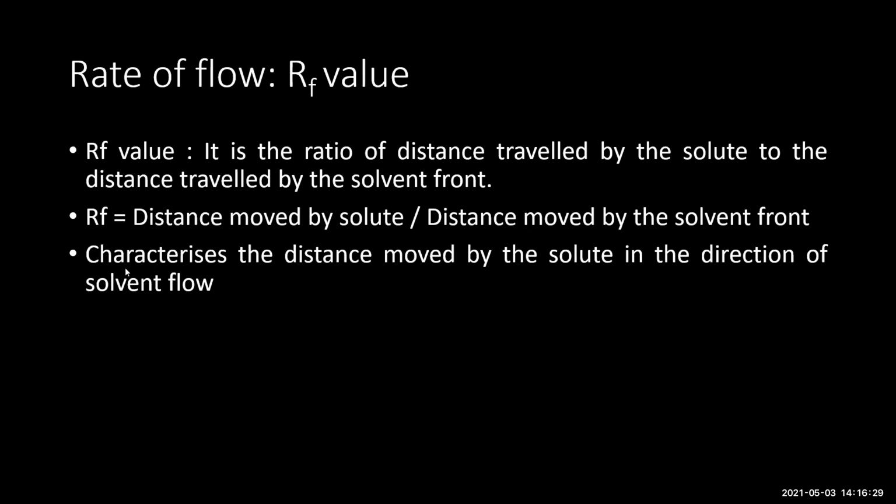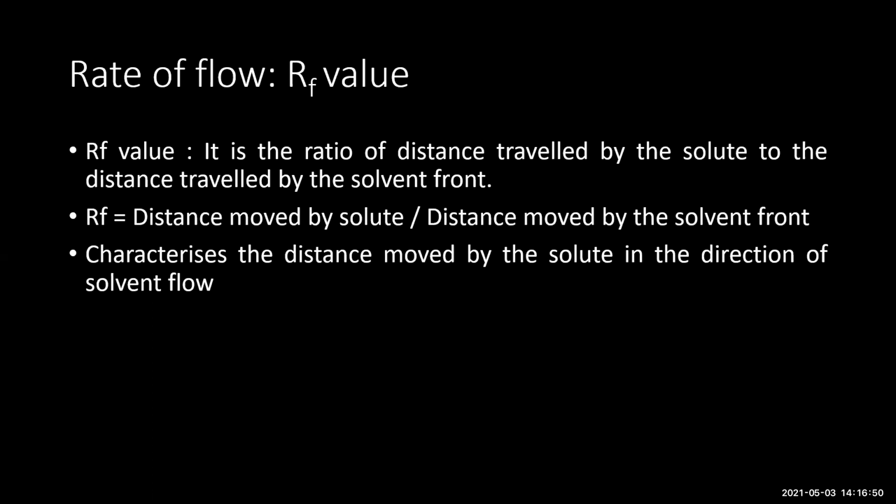So what does it characterize? What does the RF value indicate? It characterizes the distance moved by the solute in the direction of the solvent flow. As the mobile phase is moving, as we have already seen, the analyte will also get separated and move in the same direction.